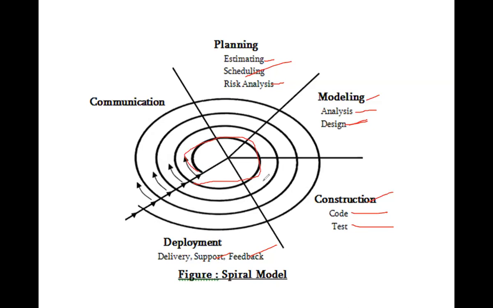In the spiral model, the software is developed in a series of incremental releases. In phase 1, I deliver the product to the customer, then he checks and gives feedback about the project, and we change or update the already existing project. Then again we deliver.